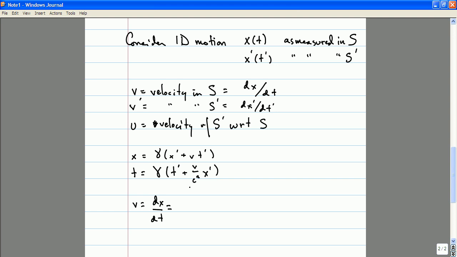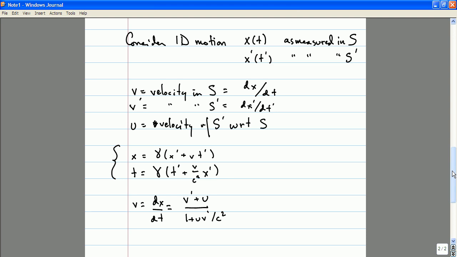So this is v prime plus u over 1 plus u v prime over c squared. And one can see that just by taking the derivative of this equation, or comparing those two equations as equations for dx and dt in terms of dx prime and dt prime.